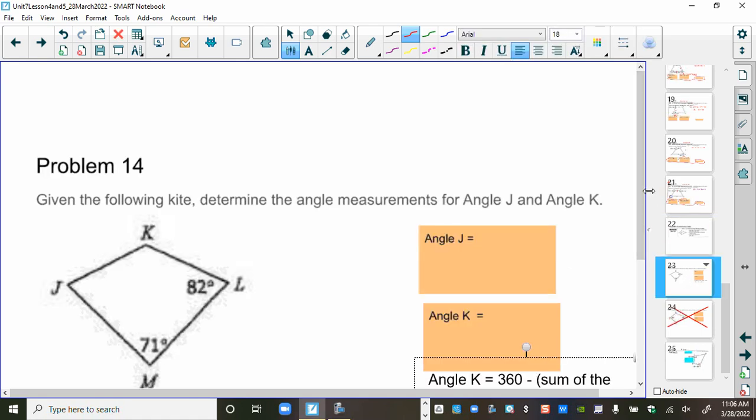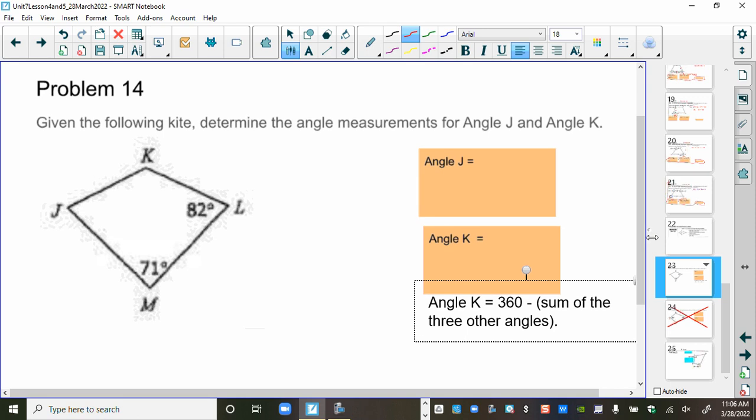Thing number one, right here. Now this one's going to be easy because these two angles going across are going to be congruent. So if angle L is 82, that means angle J is also 82.